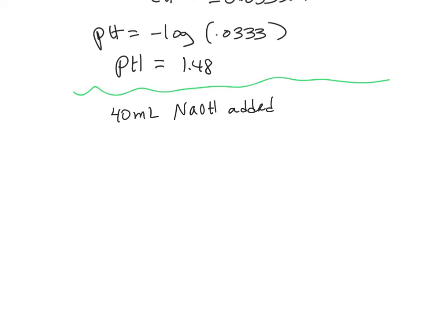In part 2, 20 milliliters were added. And now part 3, we have 40 milliliters added. We'll call that part C. And the 40 milliliters means that 20 had been added from the last step, and now you added another 20 to have a total of 40 milliliters.